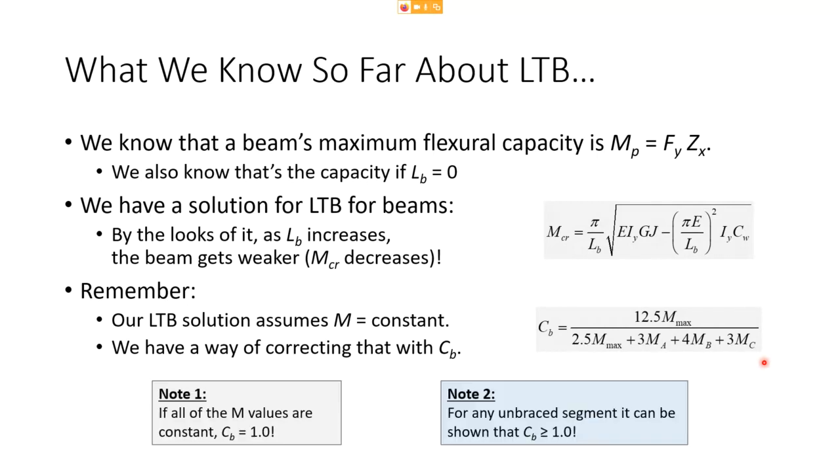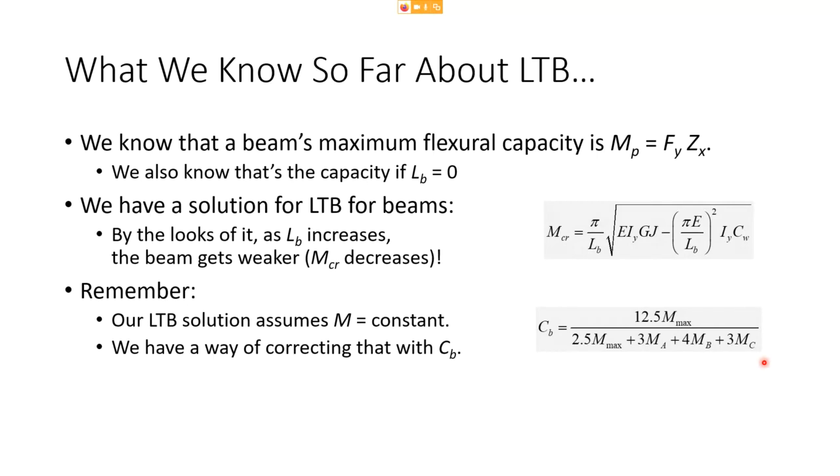Now, a couple of notes about this formula. Let me go back here because I want to look at this. This formula is a function of 4 terms: MA, MB, MC, and Mmax. Let's say for the sake of discussion that we have a segment of a beam where the moment is constant, where all the moment terms are the same.